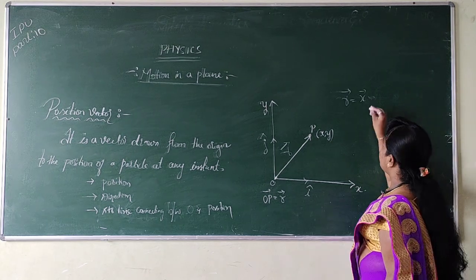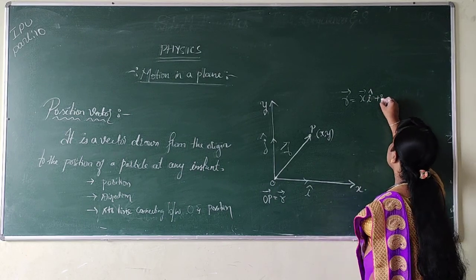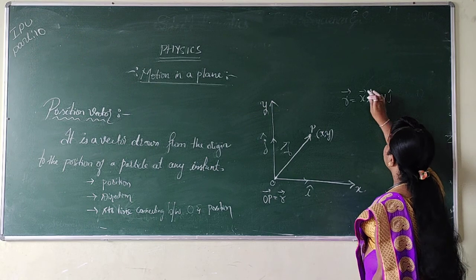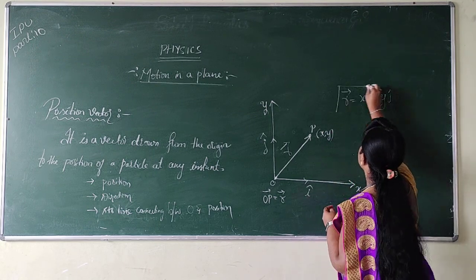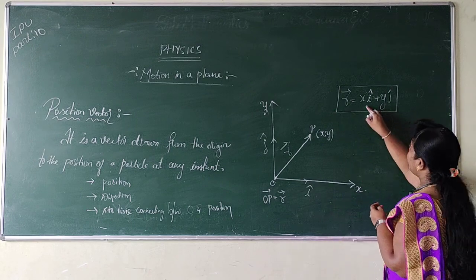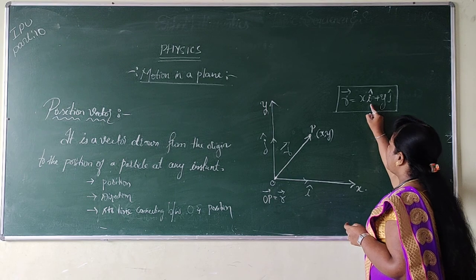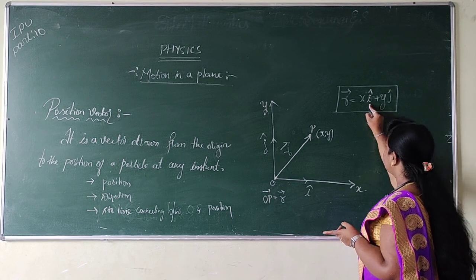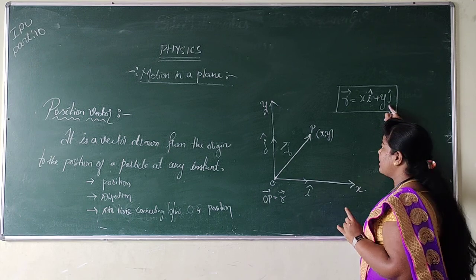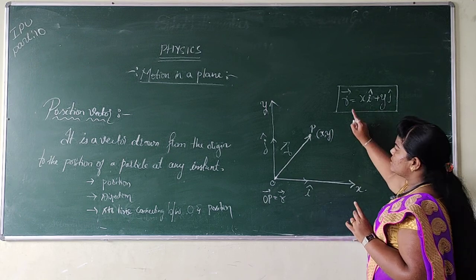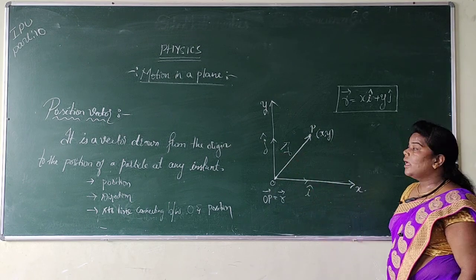Along the x-axis we have the unit vector i cap, plus y j cap. So the position vector is represented as x i cap plus y j cap, where x is a magnitude and i is the unit vector along the x direction, and y is a magnitude and j is the unit vector along the y direction. Totally it gives the position vector of a particle which is moving in a plane.